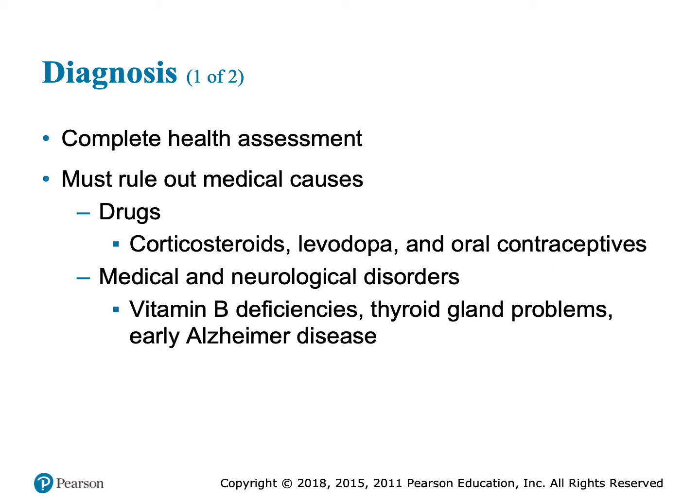Some drugs can cause severe depression, such as corticosteroids, levodopa, and oral contraceptives. And there are some medical and neurological disorders that can cause severe depression, and those include vitamin B deficiencies, thyroid gland problems, and early Alzheimer's disease.